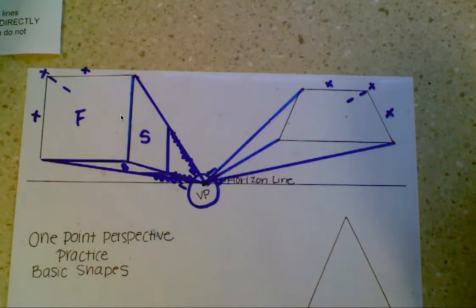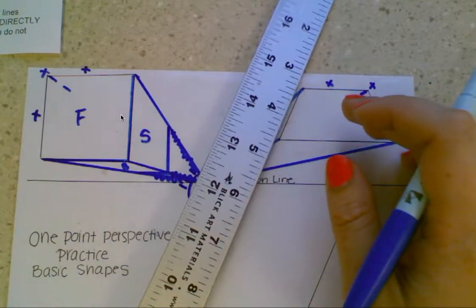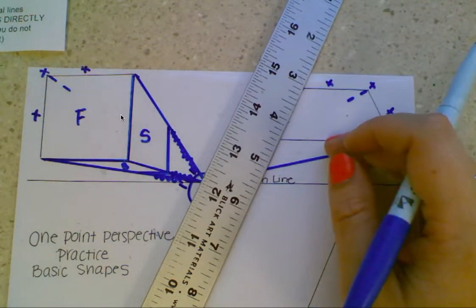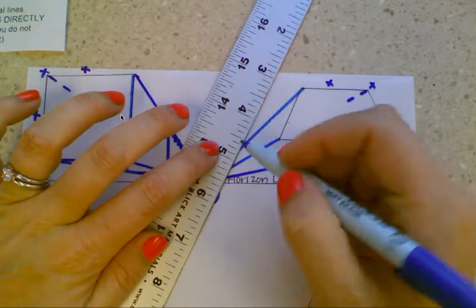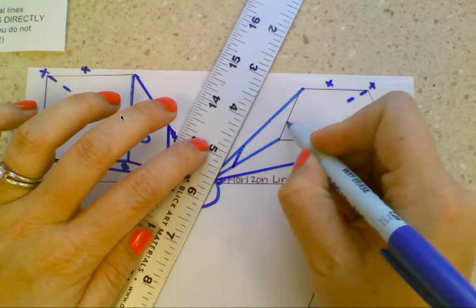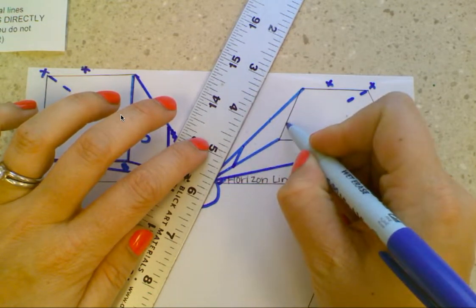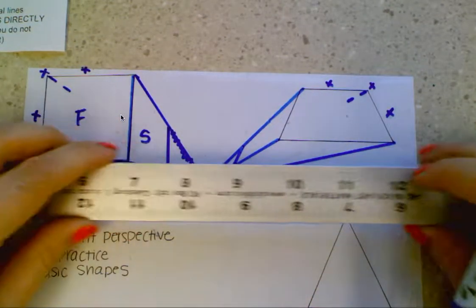The trapezoid gets tricky because step two is to make my parallel lines. I need to match up the angle of this trapezoid here at an angle, drag it out, and it needs to be the same angle as this line here. So this line and this line are both parallel. I rotate my ruler.